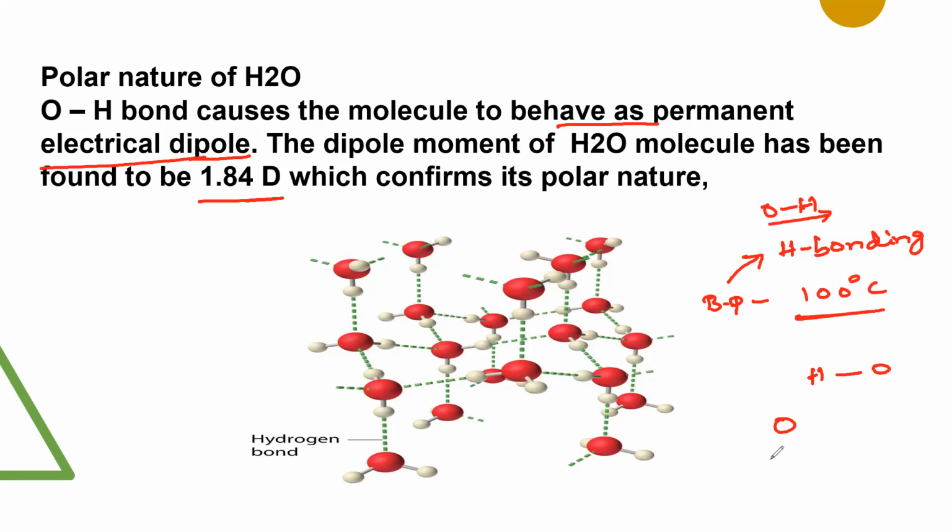So for example, if we take this oxygen and hydrogen, there exists a dipole from hydrogen atom to oxygen atom, and these two are opposite in nature. So that's why the net dipole moment mu for water is equal to 1.84 Debye. So this is called water introduction.